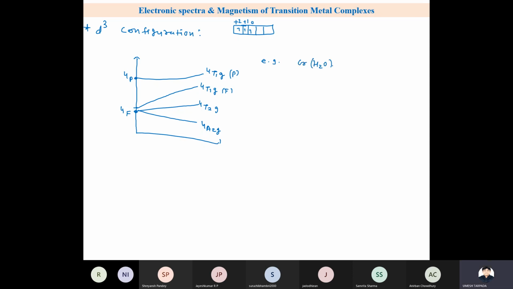Here there is no overlapping. For example, [Cr(H2O)6] 3+ and [Cr(oxalate)3] 3-. See, again, how many transitions are there? There are 3 transitions. Which are these 3 transitions?